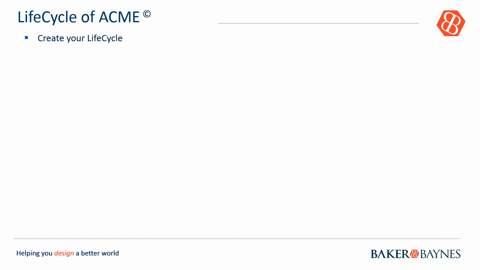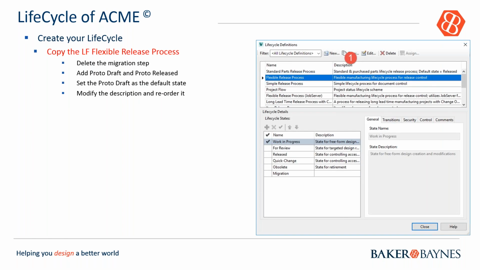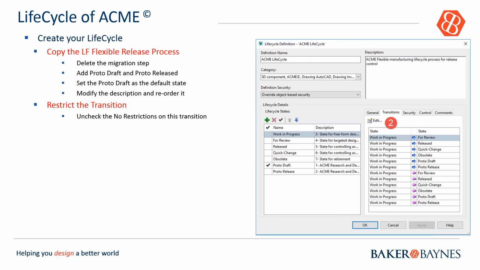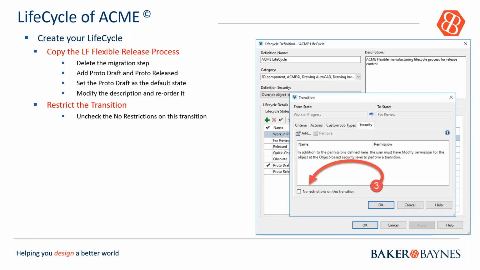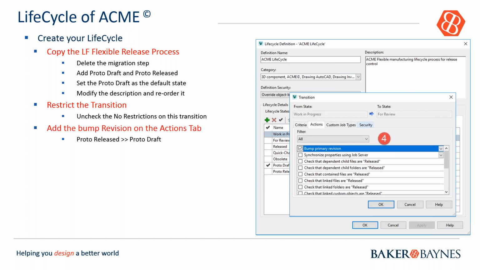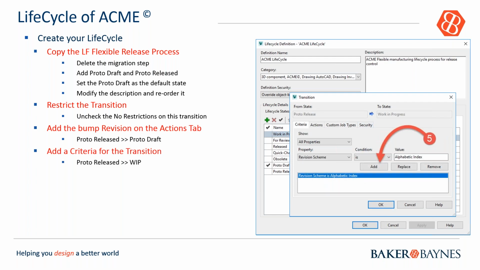Again, creating a lifecycle itself. What we've done in this snapshot here was just copy a flexible release lifecycle, and we are allowed to actually modify it. So we could restrict transitions on that, and then specify security, specifying users that need to come into it. You could bump a revision as you move the lifecycle through, and also add a transition criteria property to that.